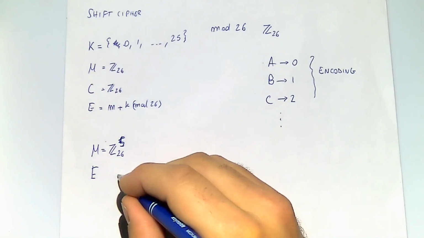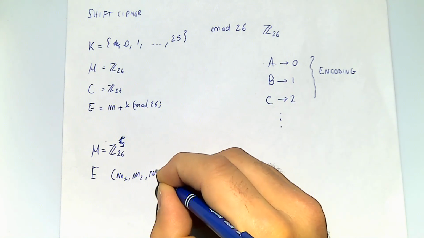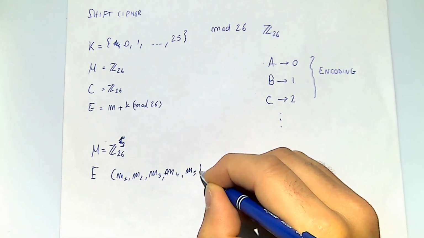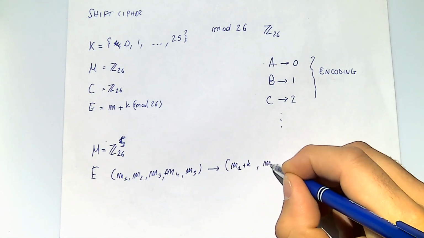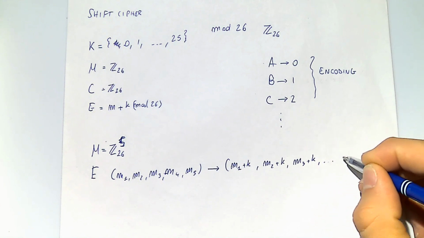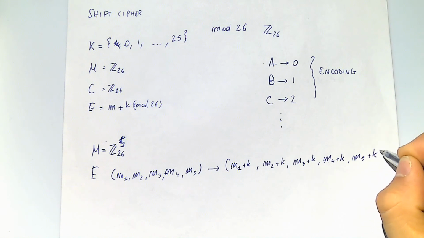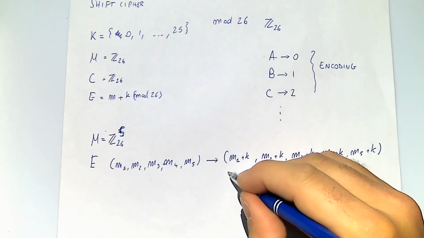It would be taking M1, M2, M3, M4, M5 into M1 plus K, M2 plus K, M3 plus K, M4 plus K, M5 plus K. So it's the same thing in this sense. All of this is mod 26.